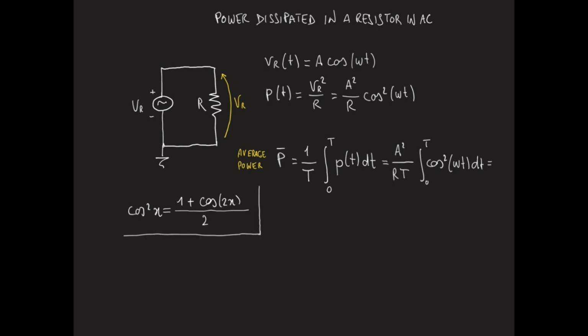Therefore, for the average power, we get A squared over RT, the integral between 0 and T of 1/2 in dt, plus the integral between 0 and T of the cosine of twice omega t divided by 2 in dt.